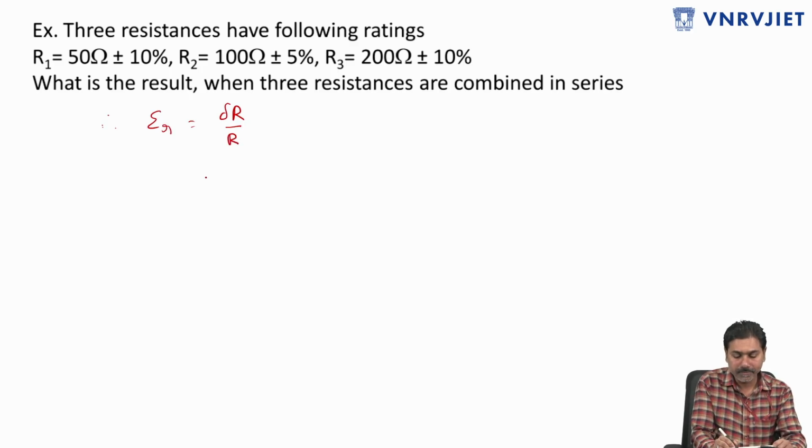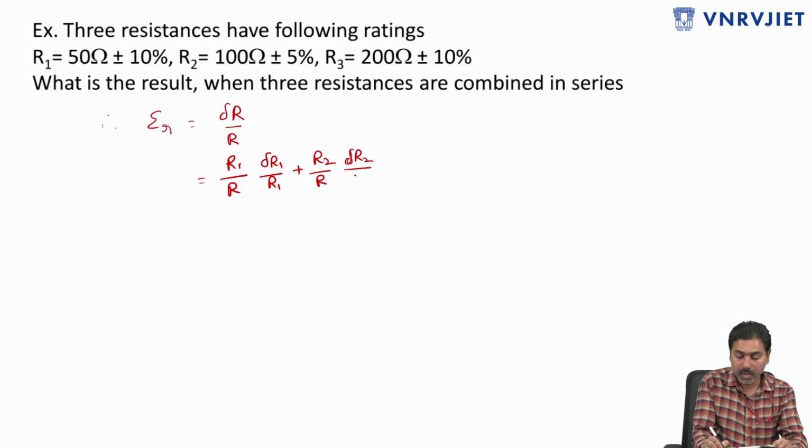So how do we calculate? Delta R by R is equal to, by the previous formula, R1 by R into delta R1 by R1, plus R2 by R into delta R2 by R2, plus R3 by R into delta R3 by R3.